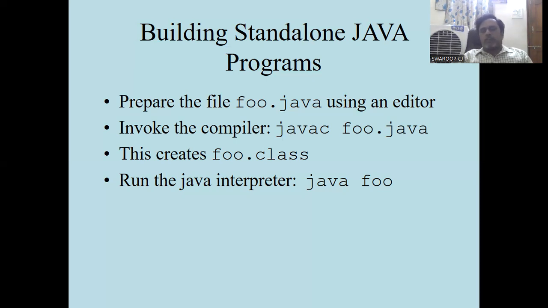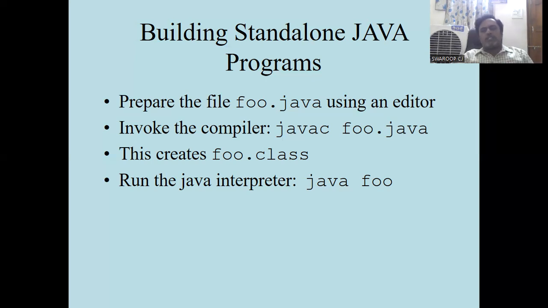How do you run it? With the statement java and the class name. You see here, the .java file name and the class name will be the same. Whenever you create a program, it will have the extension .java. Once it is compiled, it will have the extension .class.